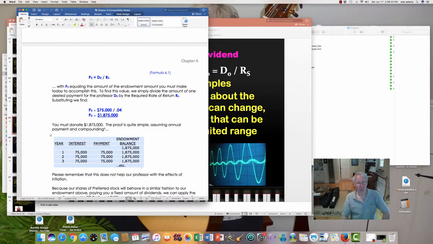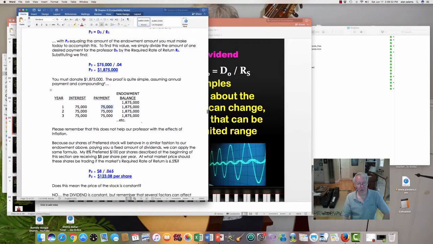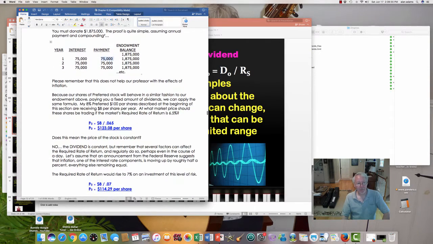All right, that $1,875,000 sits there and goes on forever. And every year it earns 75 grand, and it's paid to the professor in and out, in and out. Okay, so if we apply that same thinking to preferred stock, you're going to get $8 for owning one share of preferred stock.